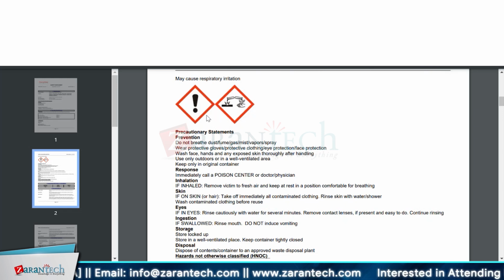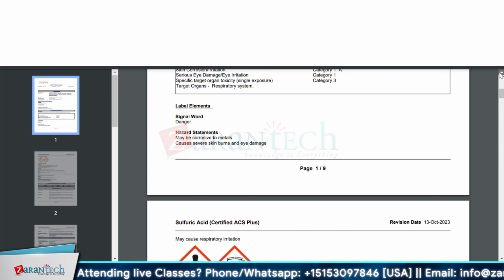For example, if you buy any electronics item, even your mobiles, this exclamation mark is mentioned on it. That means it's dangerous to health. So these are the labels. And guys, be careful while going through this MSDS.